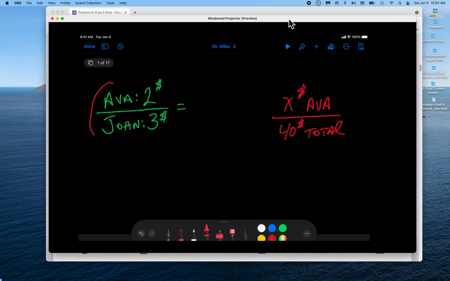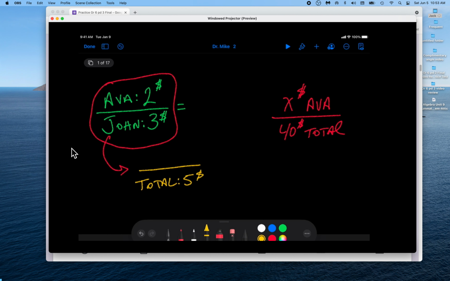Again, you have to be able to look at this and extrapolate more information than meets the eye. So in addition to telling you that for every $2 Ava receives, John receives $3, this statement is also telling you that if the total is $5, which I got by just adding these, then Ava's going to get 2 of those $5.